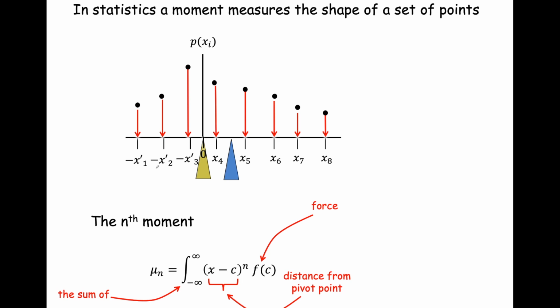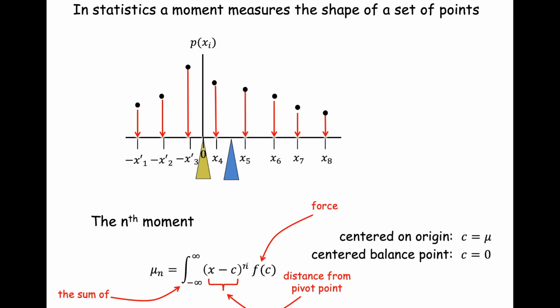We take each point, subtract from it the pivot, our center. We raise it to a power, arbitrarily n, and then we multiply by the force. So here we have the force times the distance, and that distance is raised to a power. And this is the so-called nth moment, which is the generalization of the moment, which derives from physics.